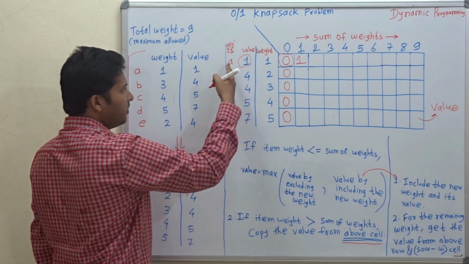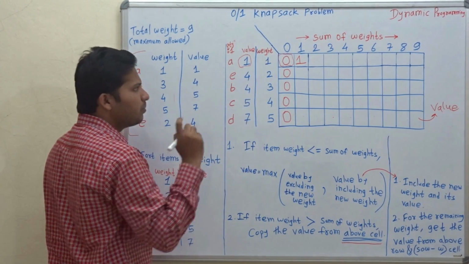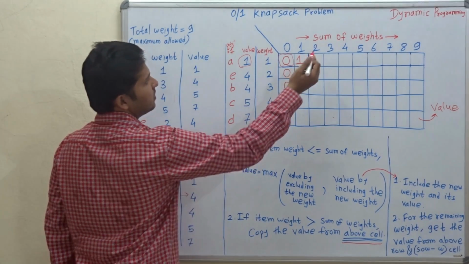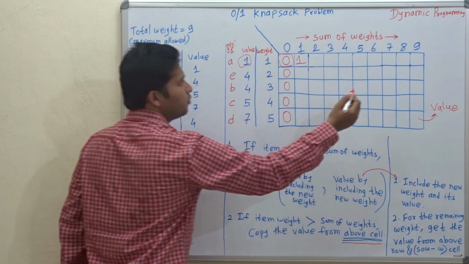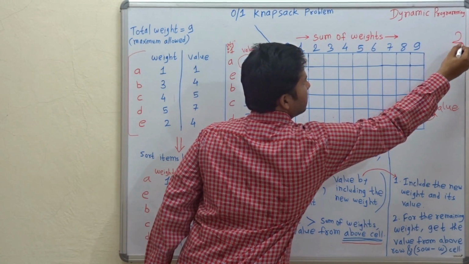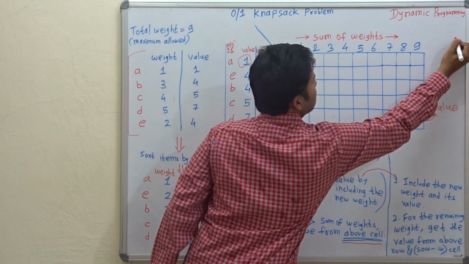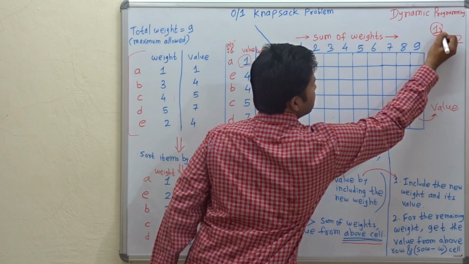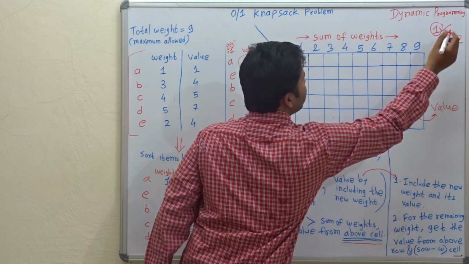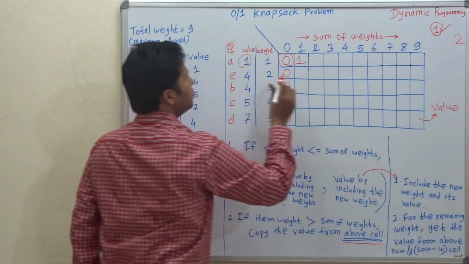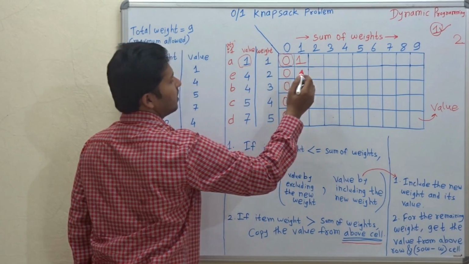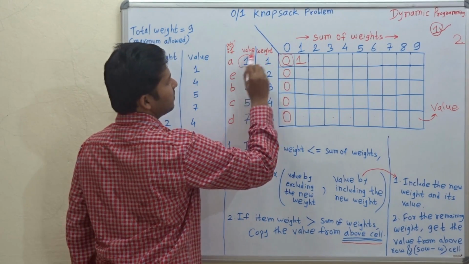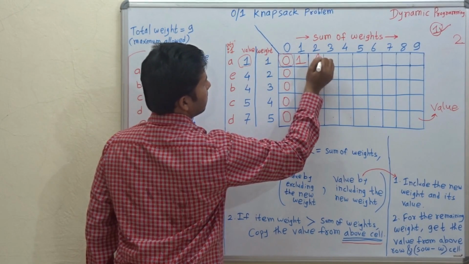Only one quantity is available, but at least I can contribute to that weight. It means if you want to form a total weight of 2, then you can use a weight of 1. It will at least contribute to weight 2. So we can use weight 1. So now if we use weight 1, then the value is 1.